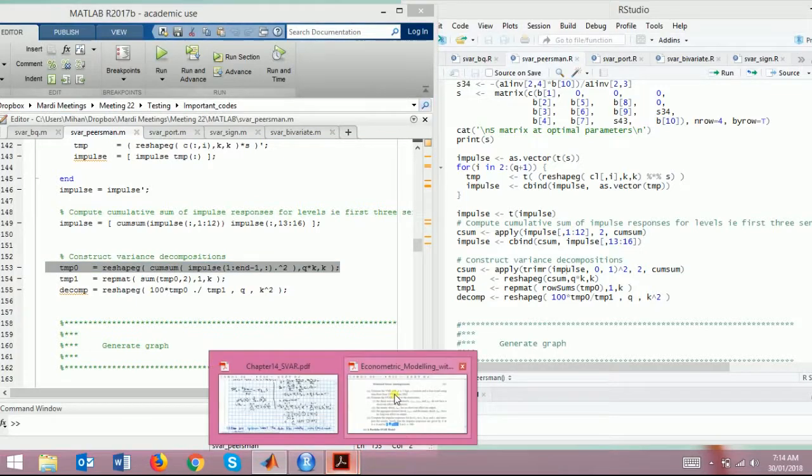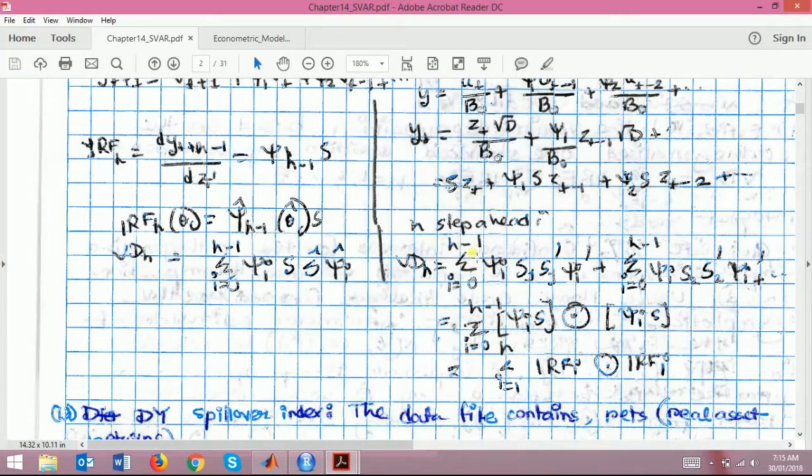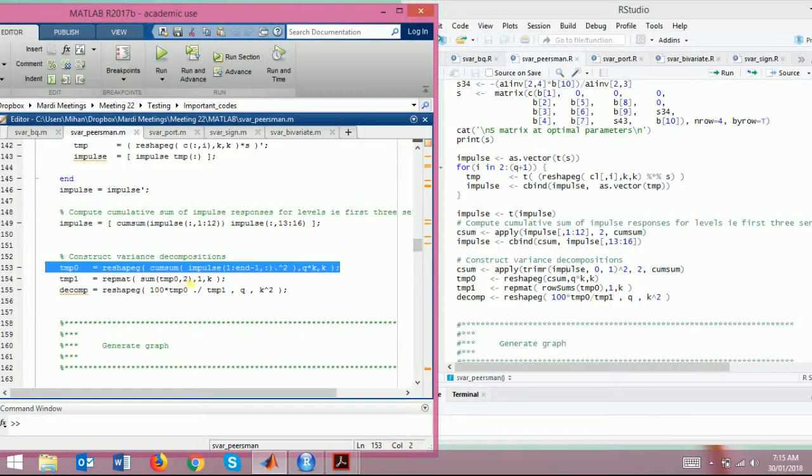This is defining this equation, and then we are adding. Now TMP1 is adding the sum of each one by columns, one row, k columns, up until k columns. So we're going to repeat that, and then we are going to reshape the whole thing by dividing q into k square.